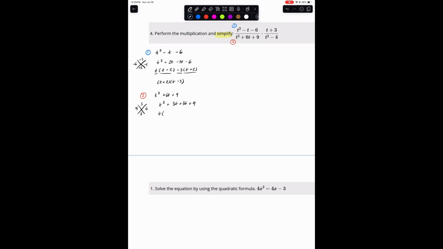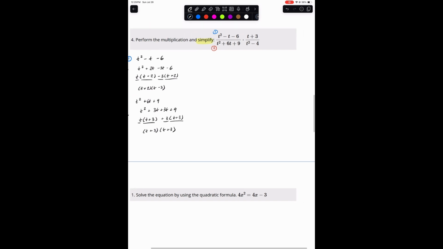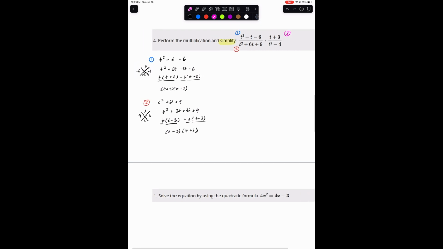Take out a t from the left, we have t plus 3 remaining. Take out a 3 from the right, we have a t plus 3 remaining. Take out the common factor, you get t plus 3, add the rest, t plus 3 again. Okay. Next factor is just a t plus 3, so we actually don't need to simplify that.